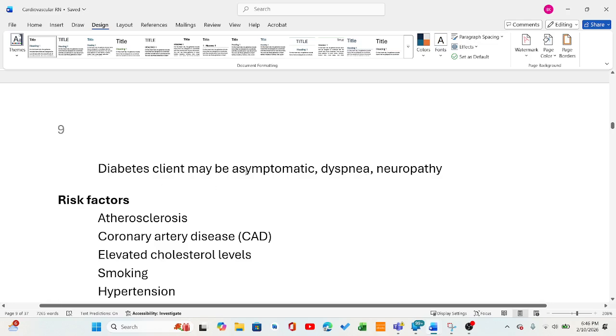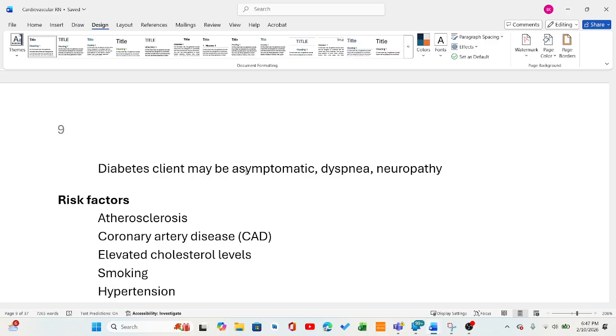With diabetic patients, if we did not control their blood glucose for too long, they can have neuropathy, and as a result they lose sensation. So they might not even know, or they might not complain of chest pain at all. They are more likely to be asymptomatic. So the only time that we know that a diabetic patient might have a myocardial infarction is when the lab comes out and shows that the troponin levels went up.